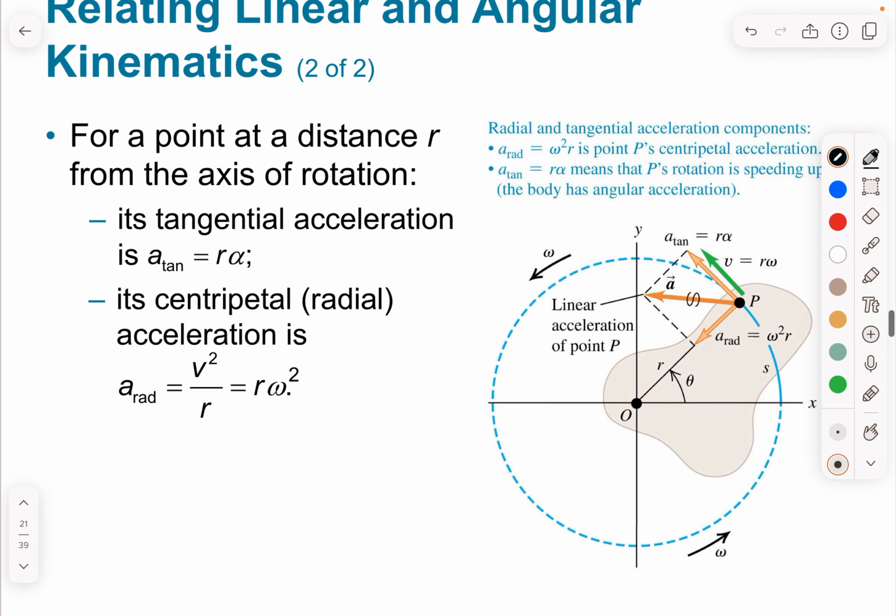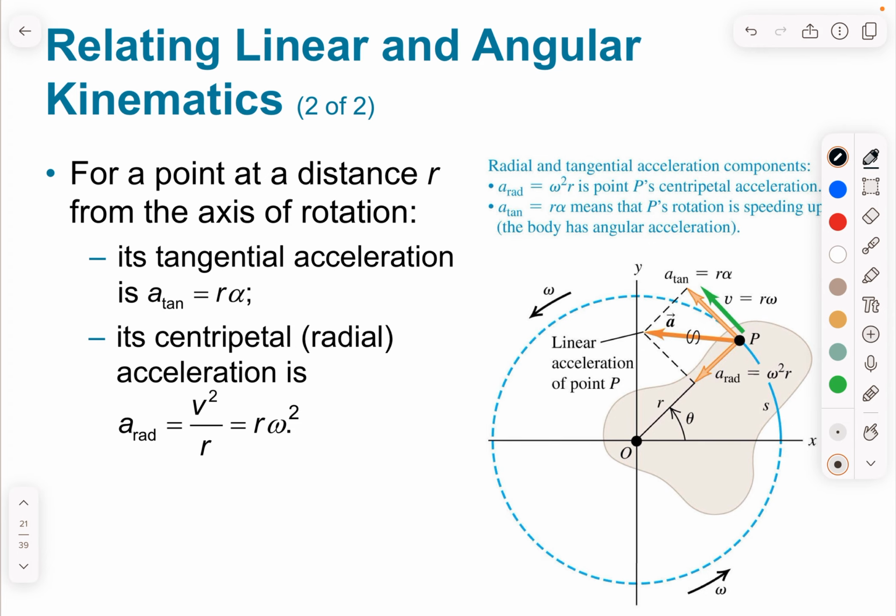So we talked about how the linear velocity is related to the rotational motion. What about the linear acceleration? It's a tiny bit more complicated, because you might recall from earlier in this course that the acceleration of an object moving in a circle, right? We briefly talked about that.